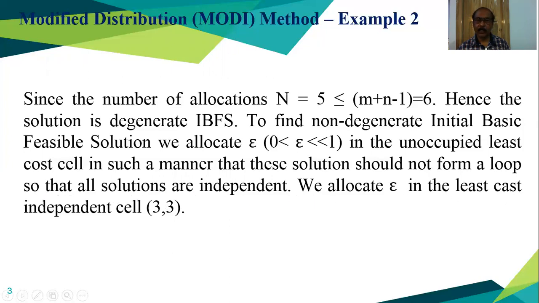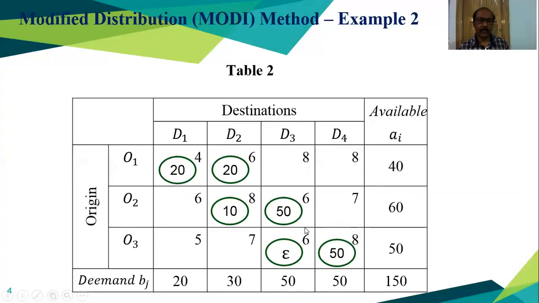We allocate epsilon at the least cost independent cell 3, 3. That is not forming a loop. You can put it here also, so you can try another way. Now the number of allocations N is 6, and m plus n minus 1 is equal to 6.